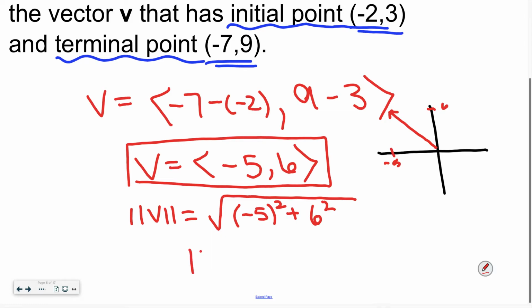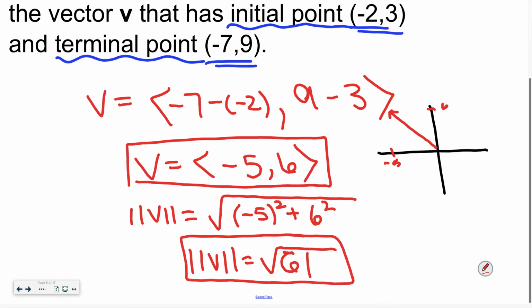So the magnitude of this vector would be the square root of what? 61. Thank you.